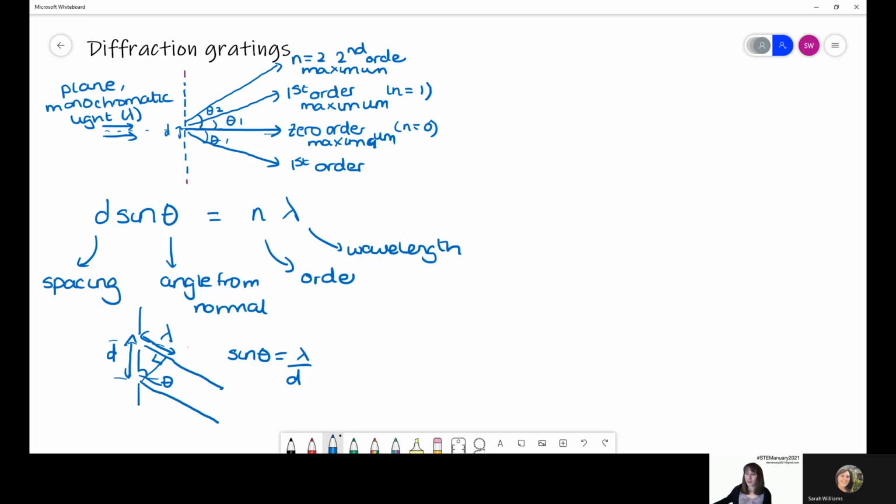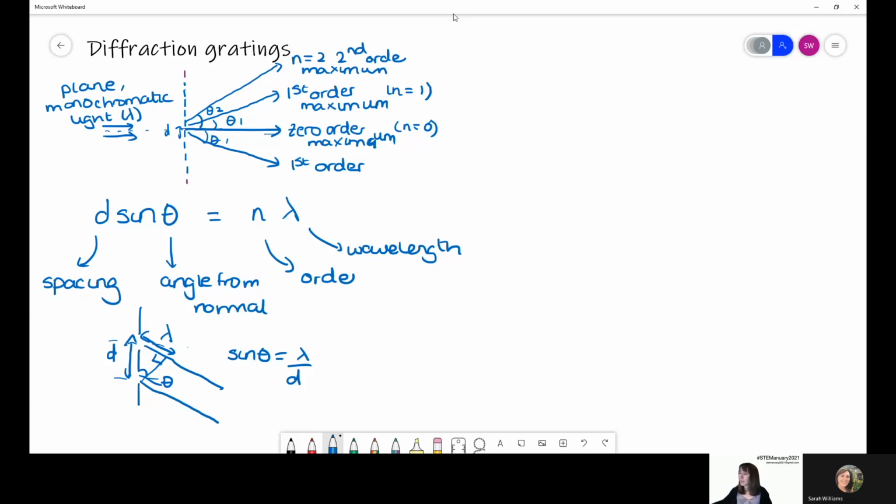So this equation allows me to work out the angles to the diffracted maxima as a function of the wavelength and the spacing, but often what we're measuring when we view these diffraction patterns is actually the fringe spacing as a function of distance.